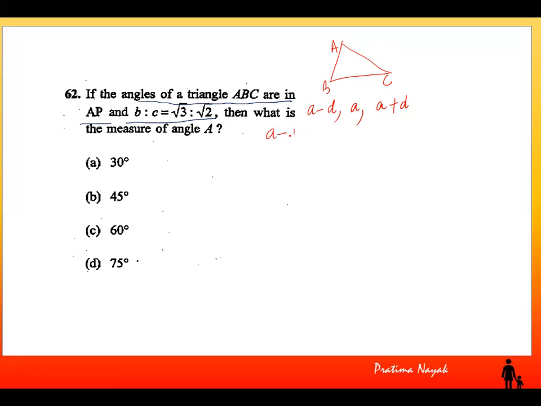So A minus D plus A plus A plus D is equal to 180 degree. This gives you 3A is equal to 180 and A is equal to 60 degree. That means when angles of a triangle are in AP, always the middle term will be 60. So one angle will be less than 60 and the other angle will be more than 60.